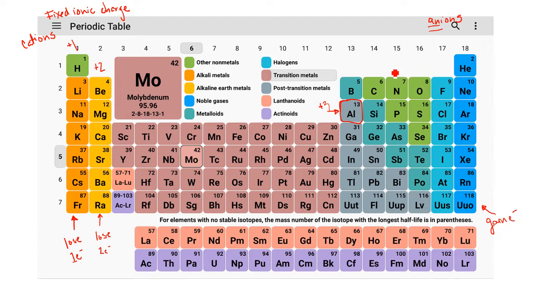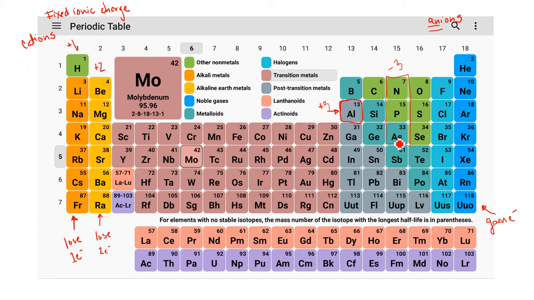Nitrogen will always gain 3. So he always carries a -3 charge, right? That counts for nitrogen and phosphorus, and we're going to consider it to be true for arsenic as well.